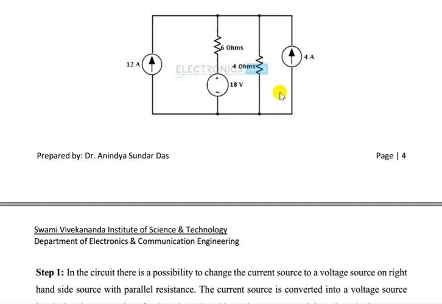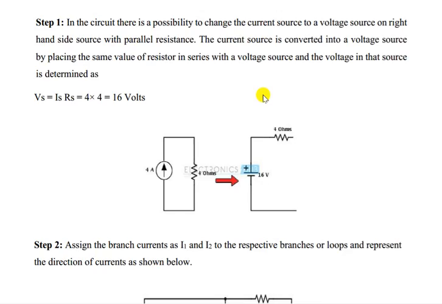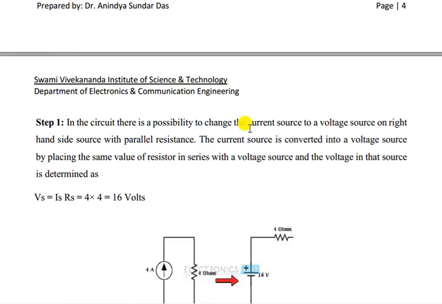Here we have a current source in parallel with a resistor, and we can convert that into a voltage source in series with a resistor. That is source transformation. Let us apply that. So 4 ampere current source with a 4 ohm resistor.